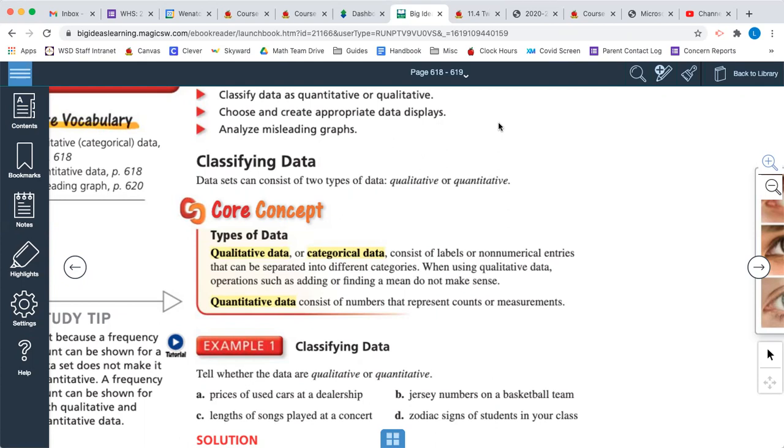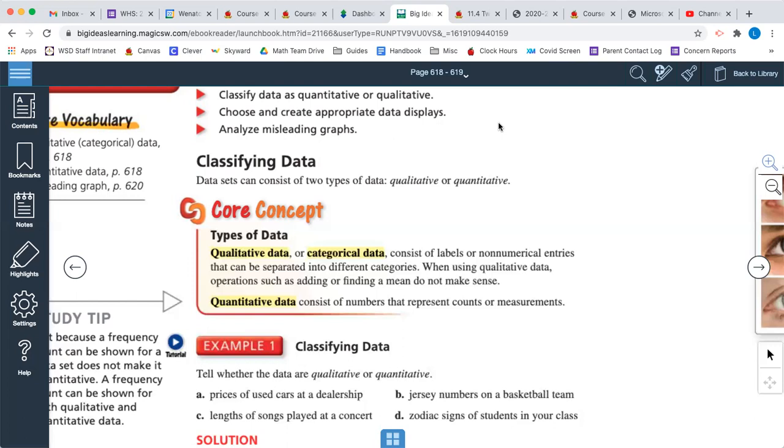Now, the jersey numbers on a basketball team, this is an interesting example because you might be tempted to just say quantitative data is numbers, qualitative data is not numbers. But this one, jersey numbers on a basketball team, is actually qualitative or categorical data. The reason for that is you need to think about whether or not it makes sense to find a mean of the jersey numbers on a basketball team. You're probably going to say, well, no, of course not.